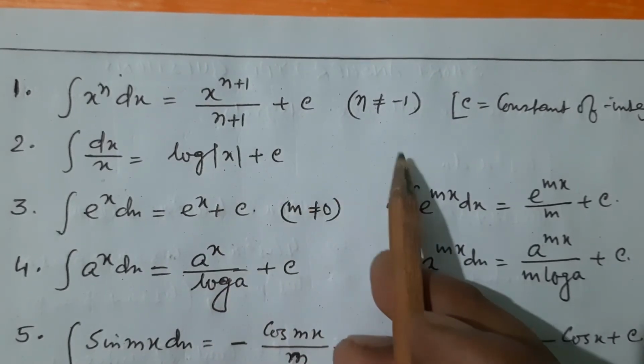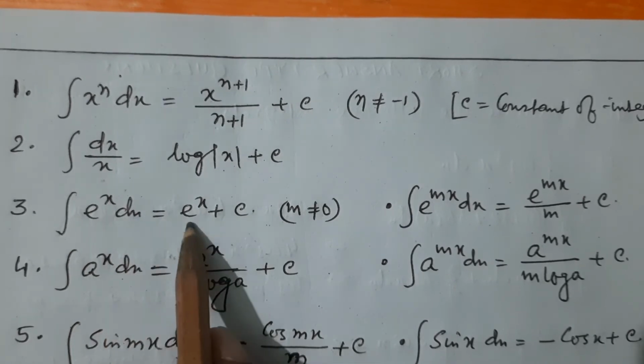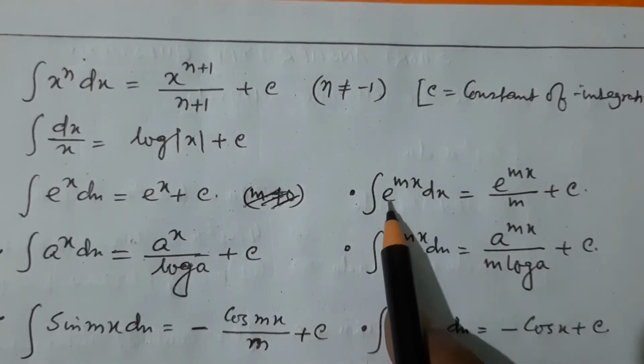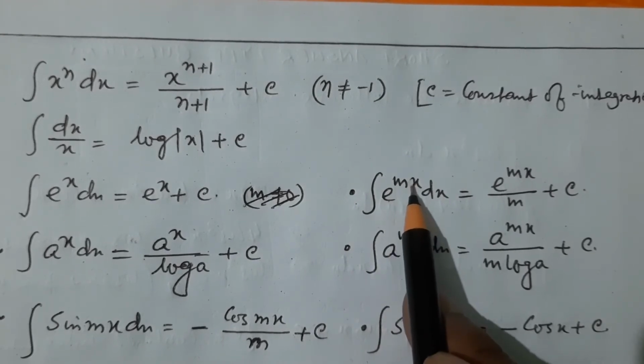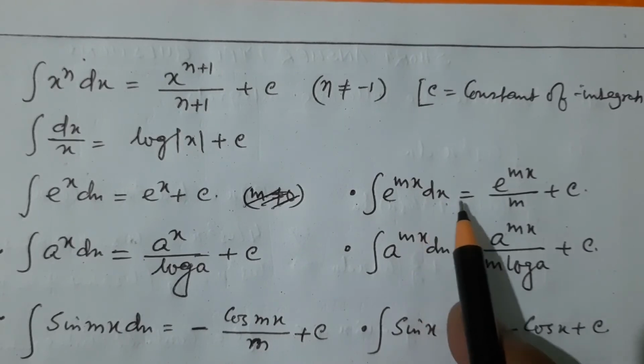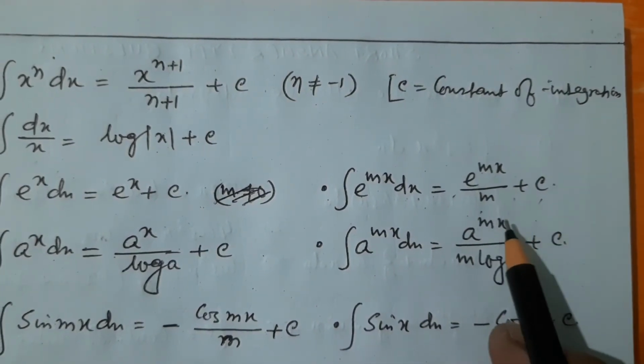The integral of e to the power x dx equals e to the power x plus c. The integral of e to the power mx dx, where m not equal to 0, equals e to the power mx by m plus c.